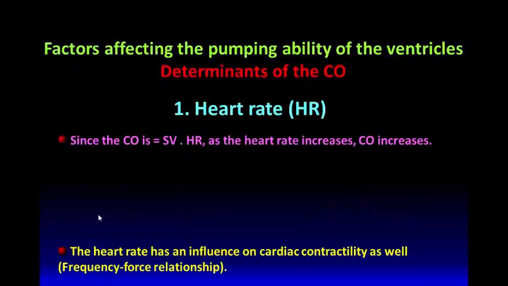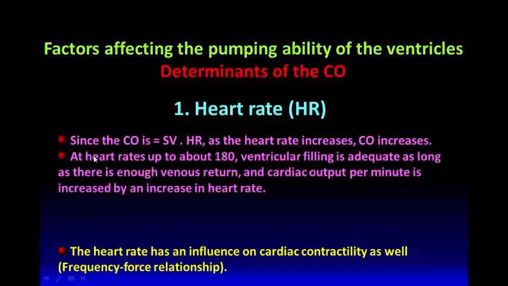Since the cardiac output is equivalent to the stroke volume times the heart rate, as the heart rate increases, cardiac output increases. However, we should note that at heart rates up to about 180 and even 200 beats per minute, ventricular filling is adequate.